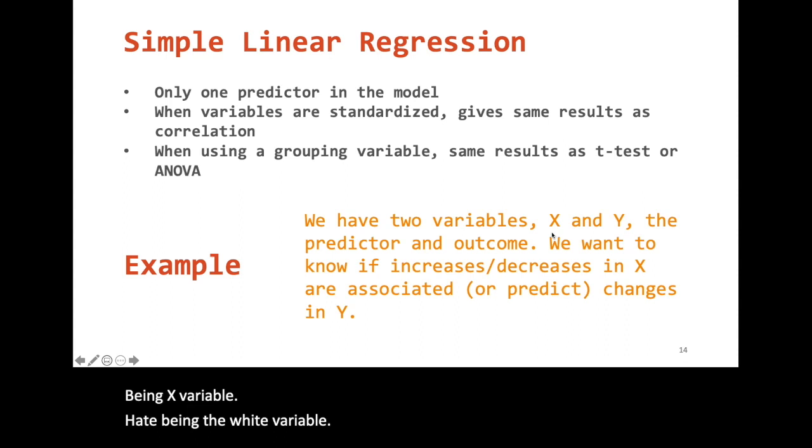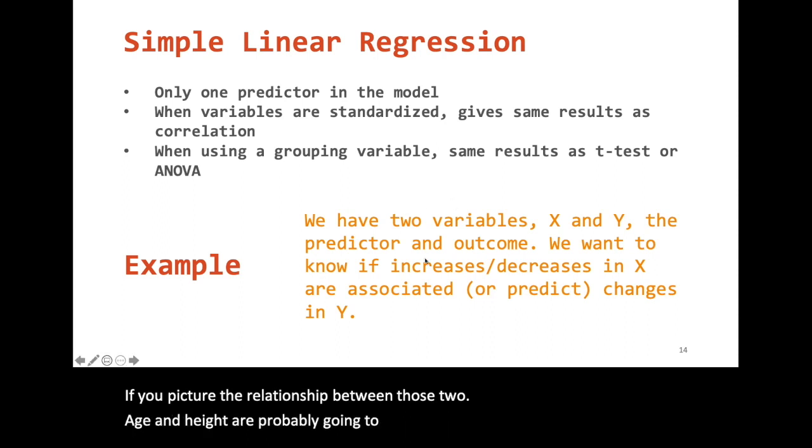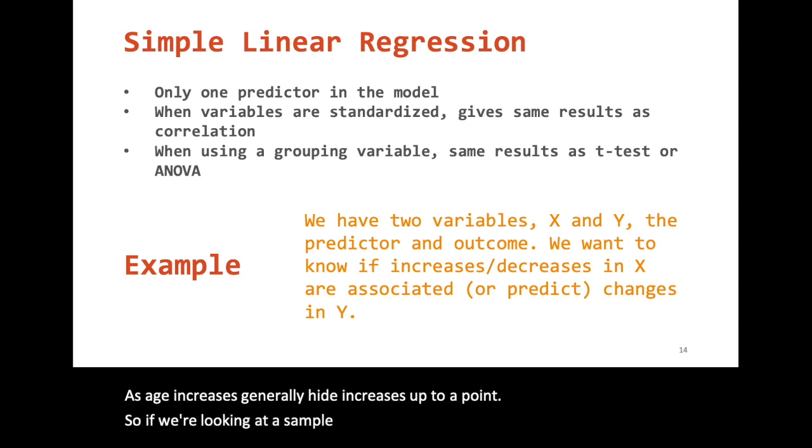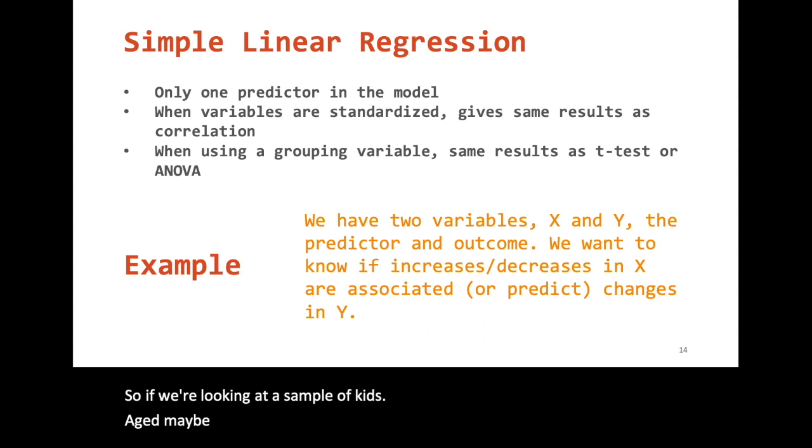If you picture the relationship between those two, age and height are probably going to be related to each other. As age increases, generally height increases up to a point. So if we're looking at a sample of kids aged maybe 3 to 12, age and height are probably going to correlate quite a bit.